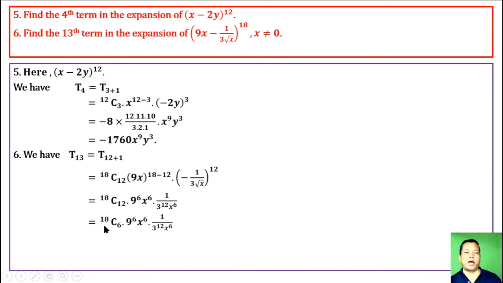Simplifying, we get 18C6 into 9 to the power 6 into x to the power 6 into 1 by 3 to the power 12 x to the power 6. Cancelling, we get 18C6. Lastly, 18564.